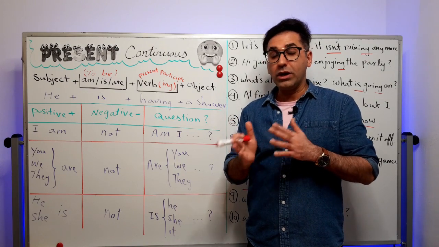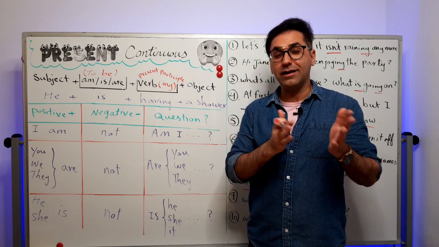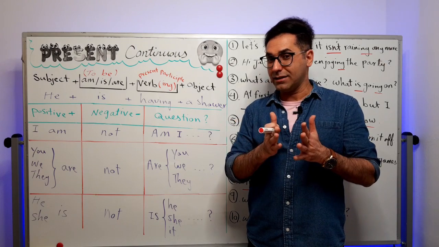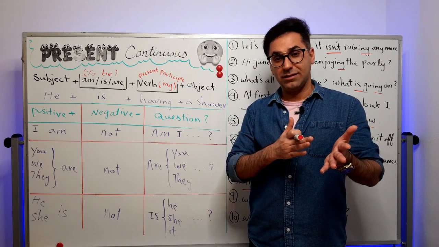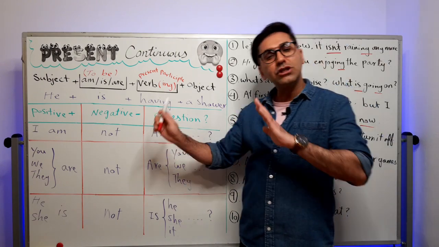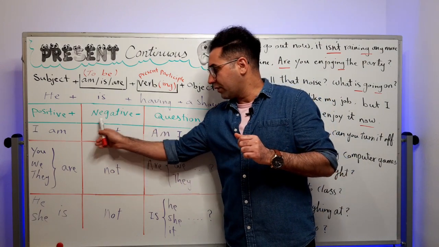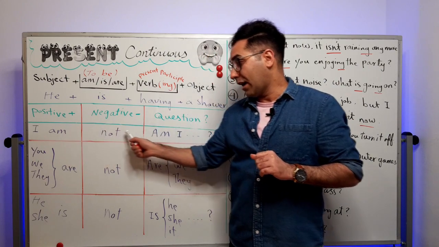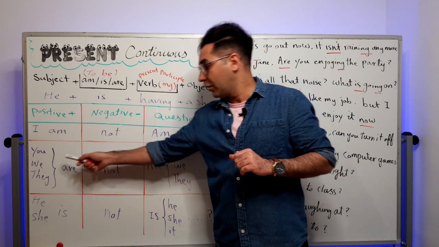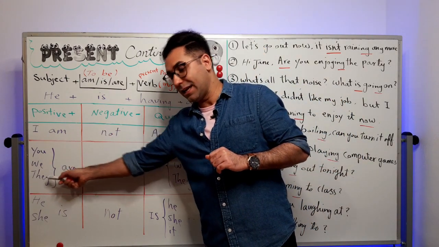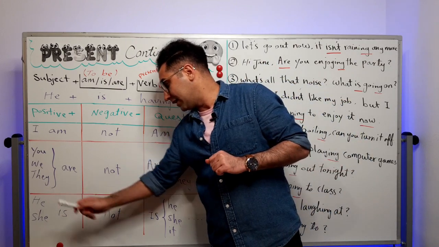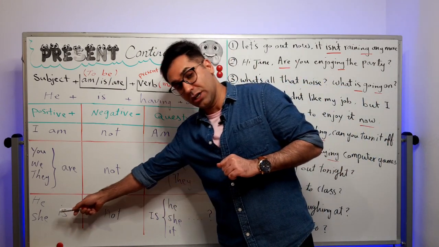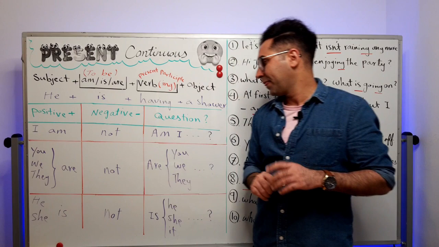We are not. They are not. Mary is not. So it is so simple, we add just one not to that. For example, I am not, you are not, we are not, they are not, he is not, she is not.